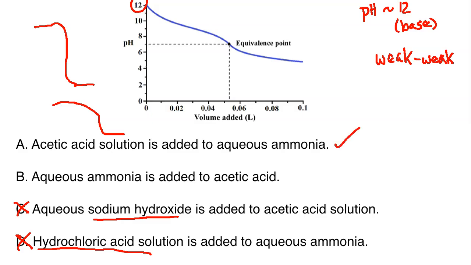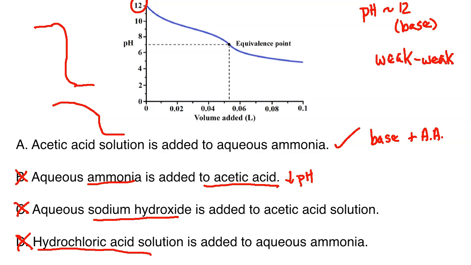That's plausible because ammonia would be a base. So we're starting off basic, and then we're going to add the acetic acid, which would allow it to decline slowly. These are both weak. And then we have for B, aqueous ammonia is added to acetic acid. This would be incorrect because if it starts with acetic acid, we would expect a low pH to gradually rise as the ammonia is added.